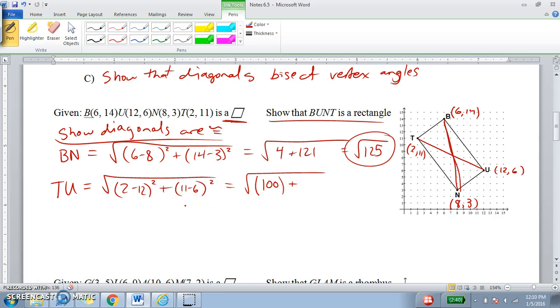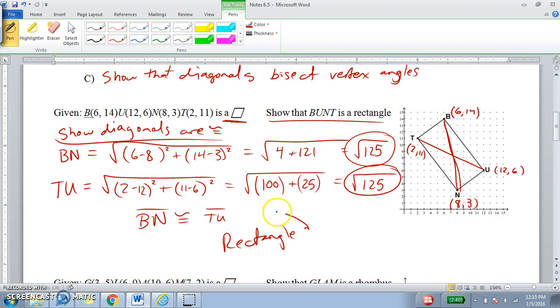Plus 11 minus 6 is 5. When I square that, I get 25. 100 plus 25 is 125. So I also get the square root of 125 for this one. So we've shown that BN is congruent to TU. So since the diagonals are congruent, yes, this is a rectangle.